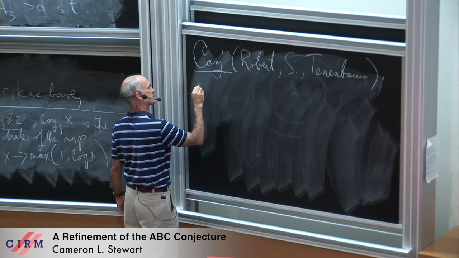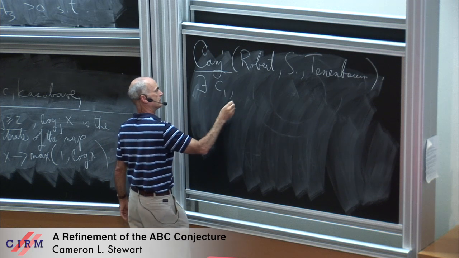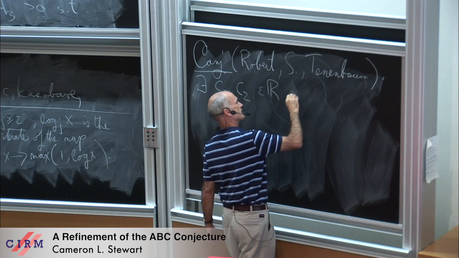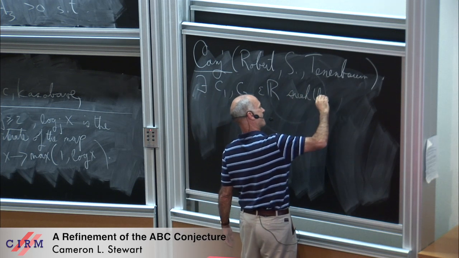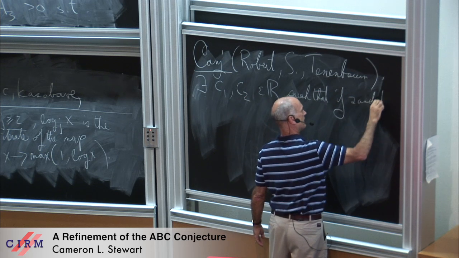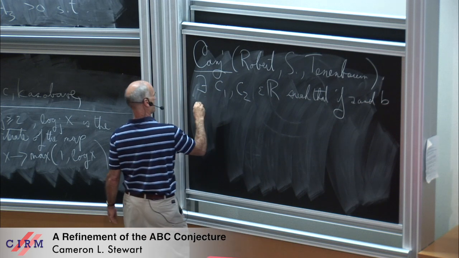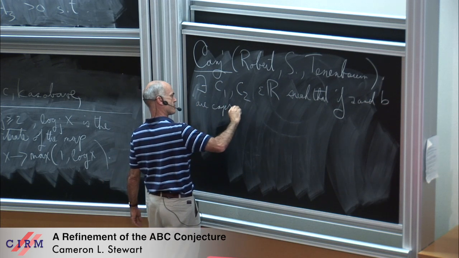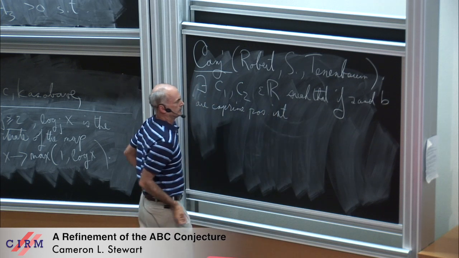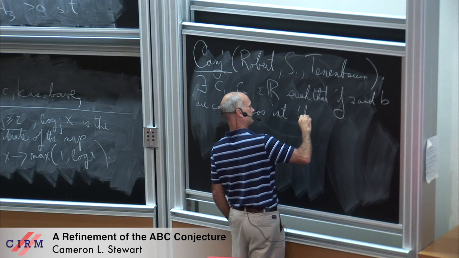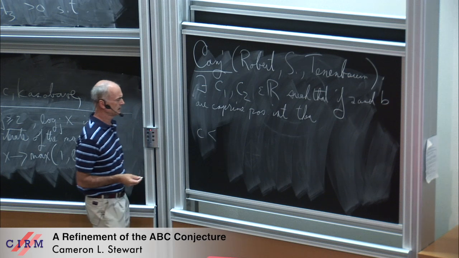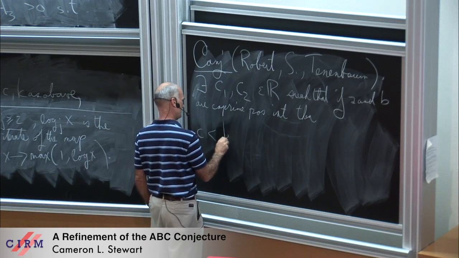We'll say there exist C1 and C2 real numbers such that if A and B are coprime positive integers, then C is bounded from above by, and now what do we have here?